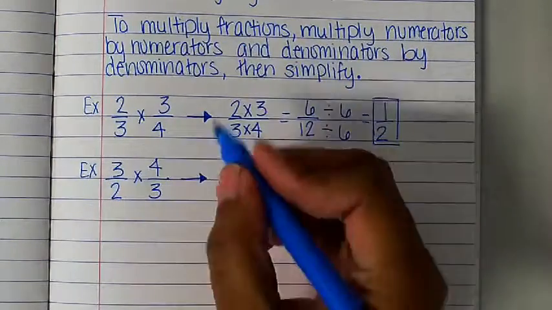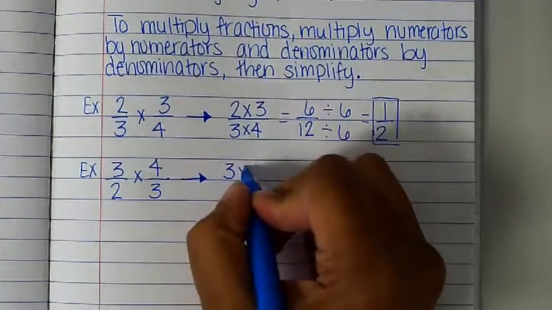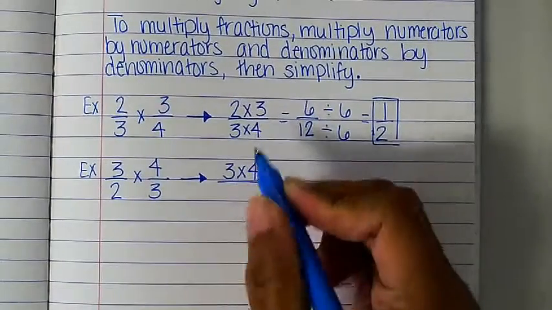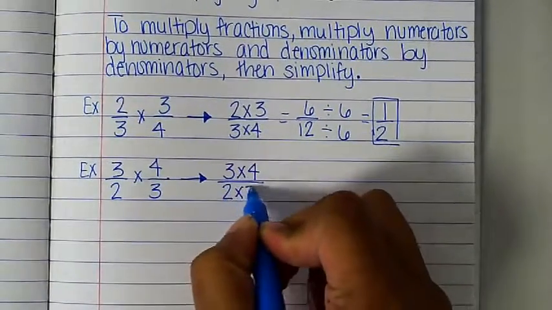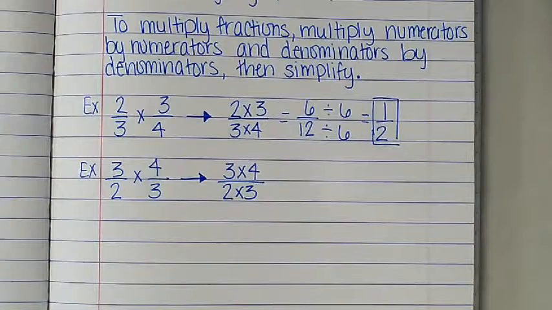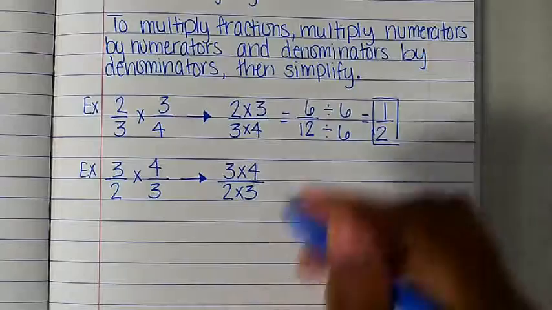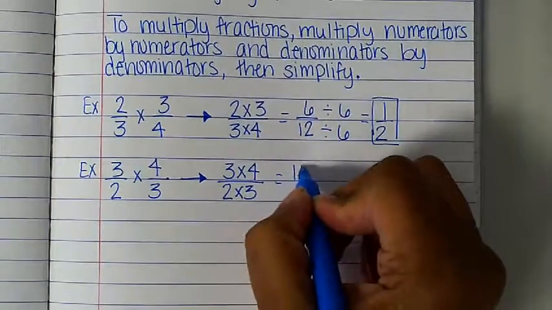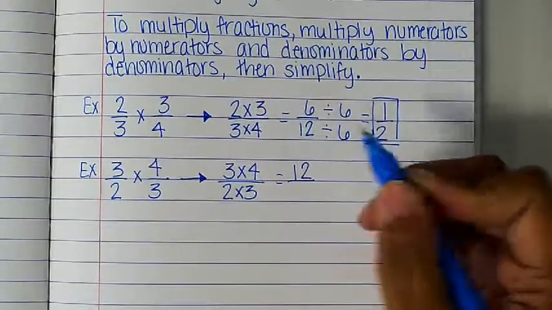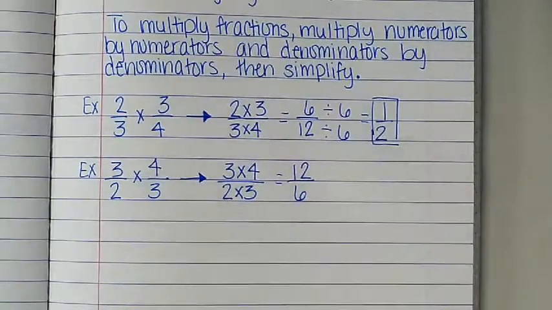We're going to multiply numerators times numerators and denominators by denominators. What is 3 times 4? 12. And what is 2 times 3? 6. So we're done multiplying.